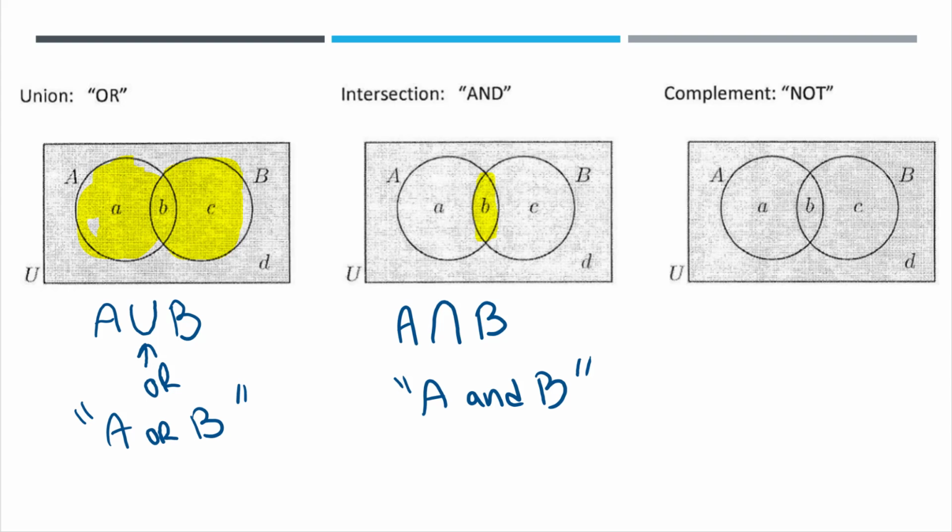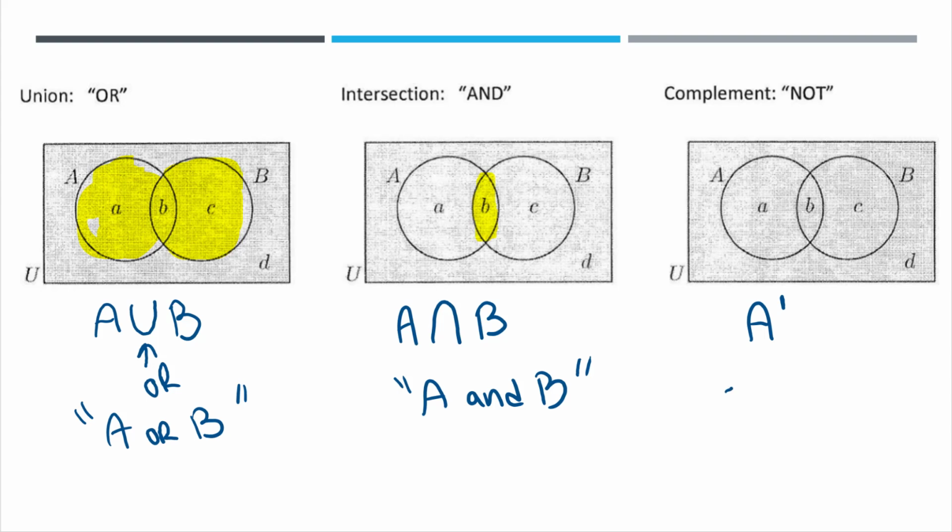On the right-hand side, you see the word complement. The complement means everything except for the event. So let's say we're going to find the complement of event A. The notation for that is A prime, so it has a little hash mark.